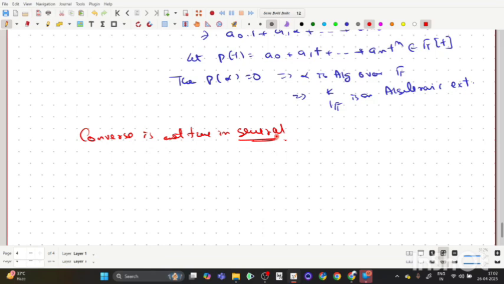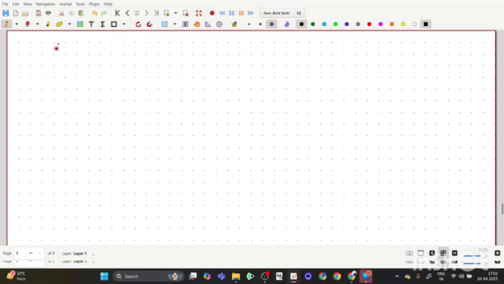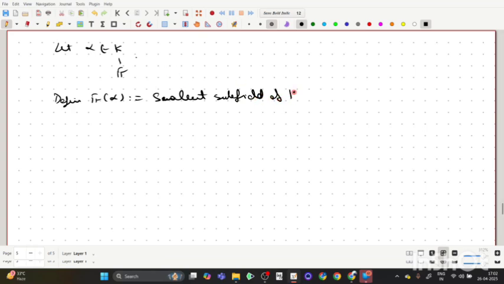This is one of the most important theories one deals with in field theory. Let alpha be an element in K, as an extension over F. Define F(alpha) to be the smallest subfield of K containing both F and alpha, since we have already developed field extensions.